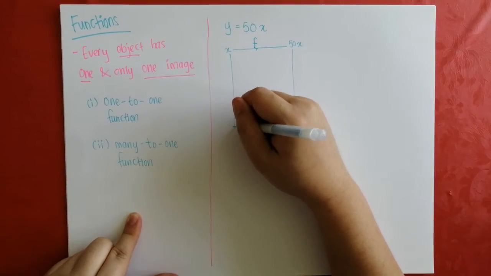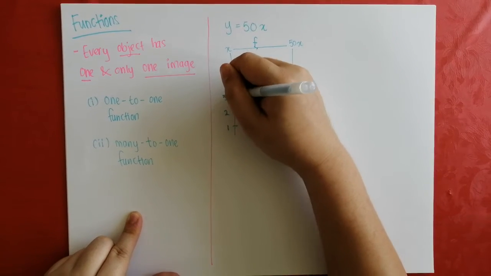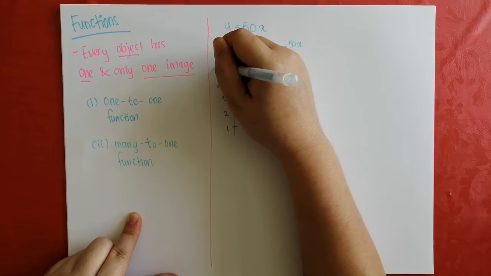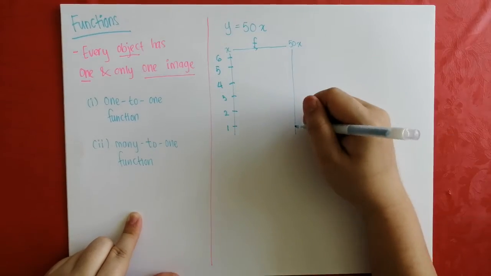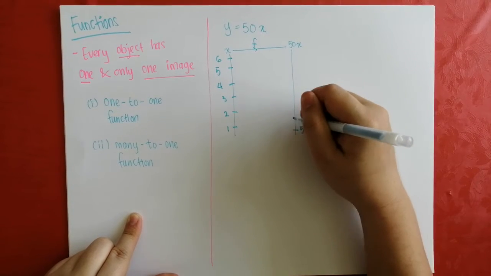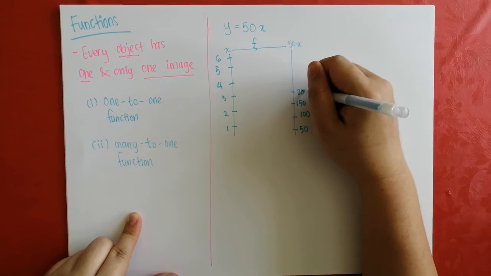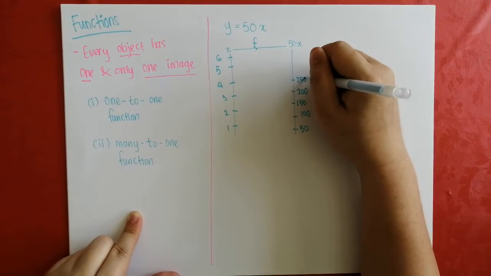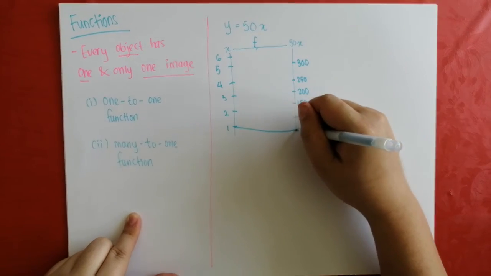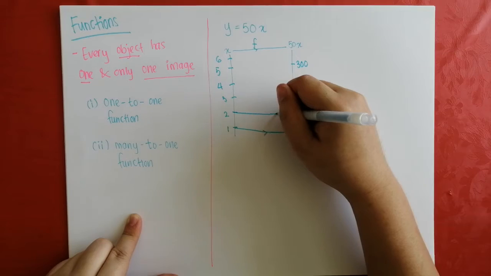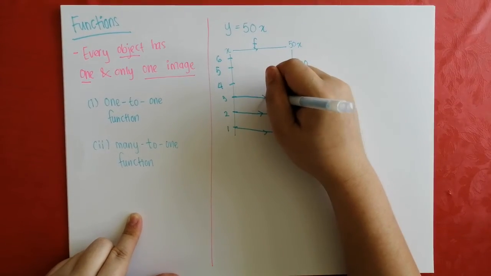For every x value that you have, x is 1, x is 2, x is 3, x is 4, x is 5, and we have until 6, it is mapped onto the image 50, 100, 150, 200, 250, and 300.